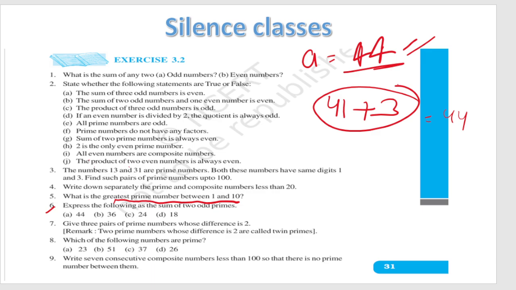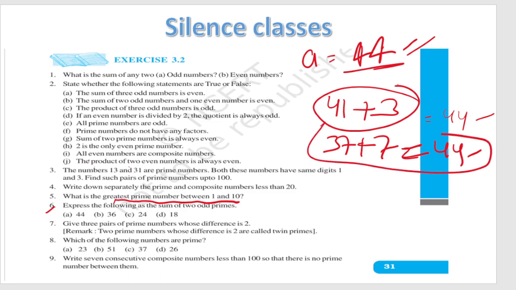For an example we can also take 39, no, it's not a prime number. 37 is a prime number, and 37 plus 7 is also 44.